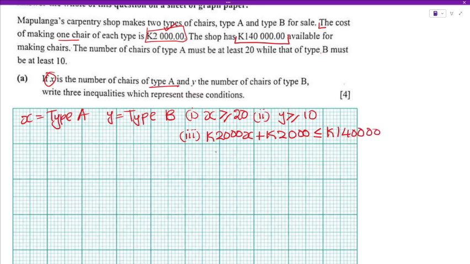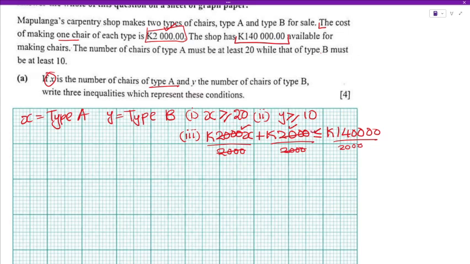Now we can simplify by dividing throughout by this amount, 2000. We divide here by 2000, and we divide the other side by 2000 as well, so that 2000 and that 2000 cancel.